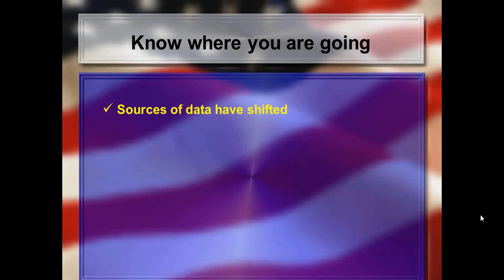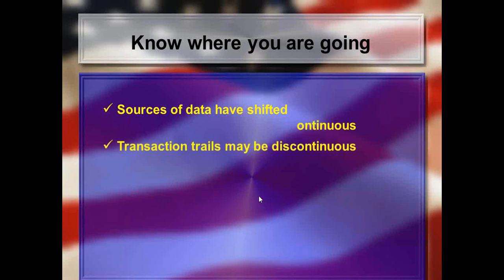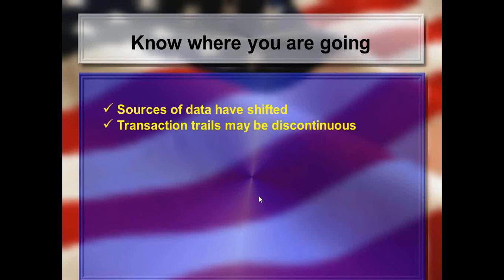For today's auditor, we have to be aware that the sources of information have shifted and now in many cases reside within a computer. Our overall transaction audit trails may well be discontinuous. We may not have a clear path of this transaction originated here and finished up there.